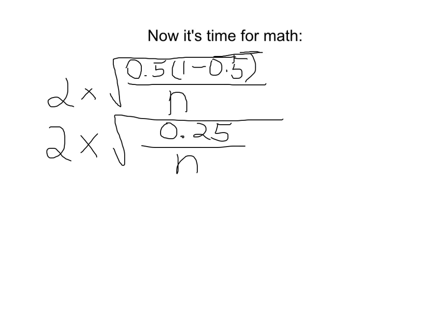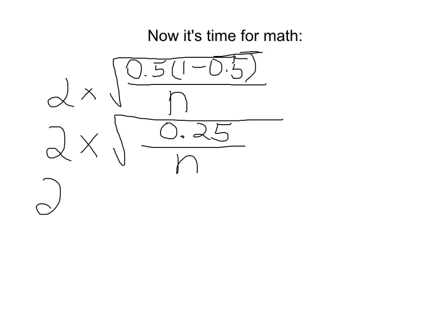Now, we're going to simplify. We're going to take this 0.25 and pull it outside of the square root because it makes it a little bit easier for us. In order to pull this out, we need to take the square root of 0.25. You can use a calculator, or if you have a good brain for it, you'll know that the square root of 0.25 is 0.5.